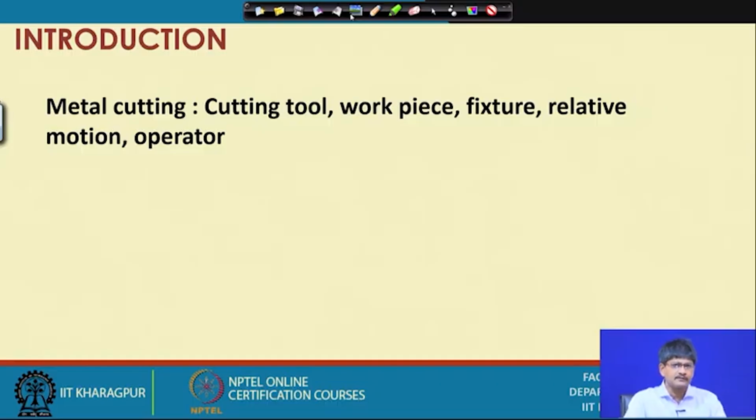What is the problem with that? If you produce the exact shape by some other means, like if you produce it by casting or welding or by metal forming, etc., there is a chance that the surface characteristics which are present might not be suitable for the final application that you are planning it for. Like suppose you say that, okay, I am going to produce the exact dimensions by casting.